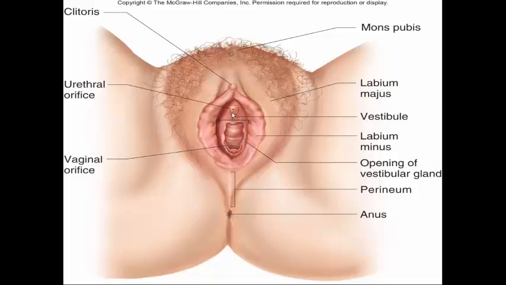Opening to the urethra here, opening to the vagina here, and then this whole space in between these structures is the vestibule. So it includes the urethral opening and the vaginal opening. So that's the whole space in between here.